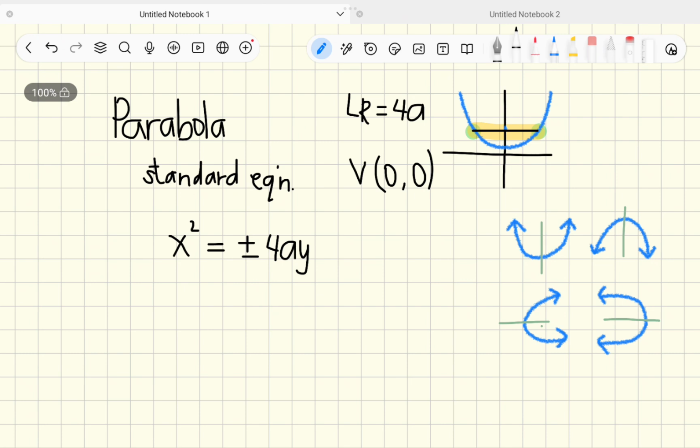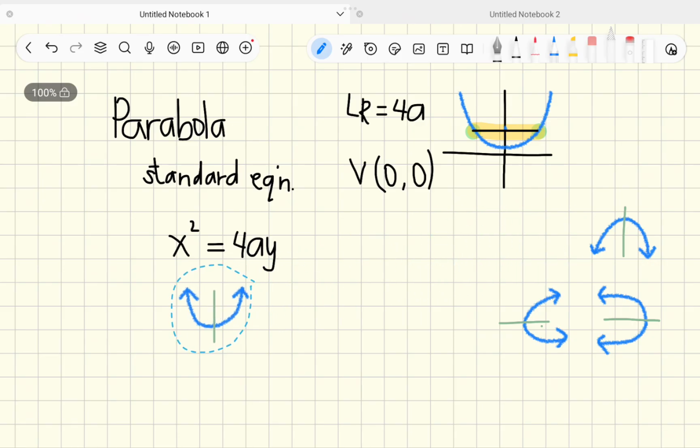Now for this standard equation, if you have positive, so x squared equals positive 4ay, this refers to a parabola facing upward.